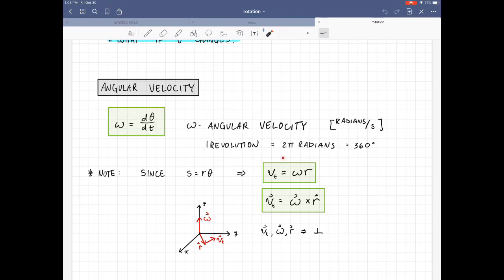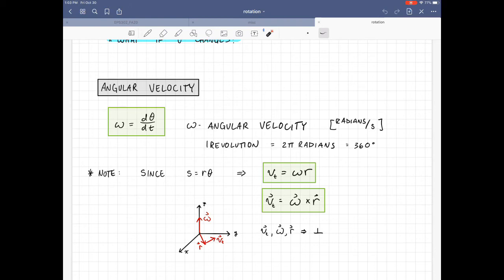So the speed is related to the angular speed by a factor of the radius over which the circular motion is happening. And this is also a vector quantity, so again, we need to be thinking about the cross product. Omega, the cross product with the r vector, gives you the translational velocity vector.